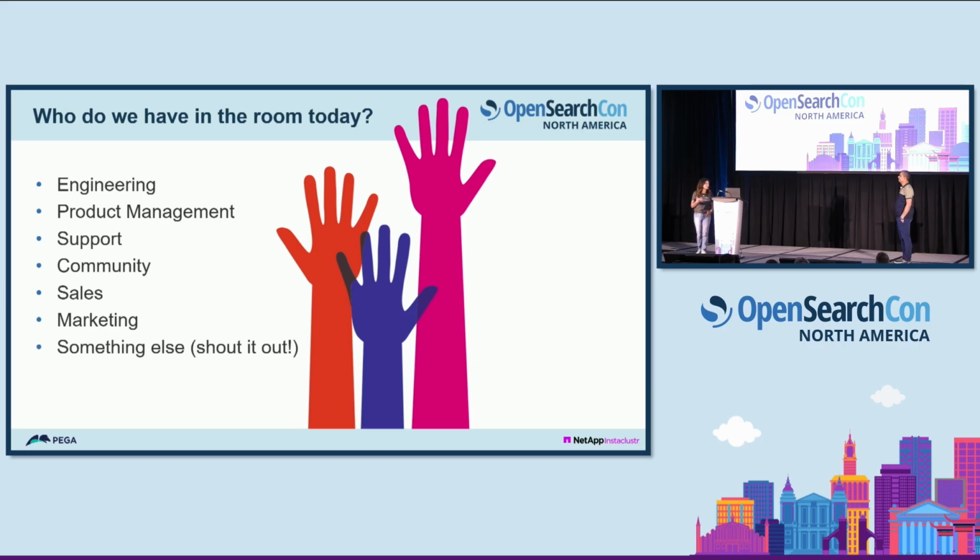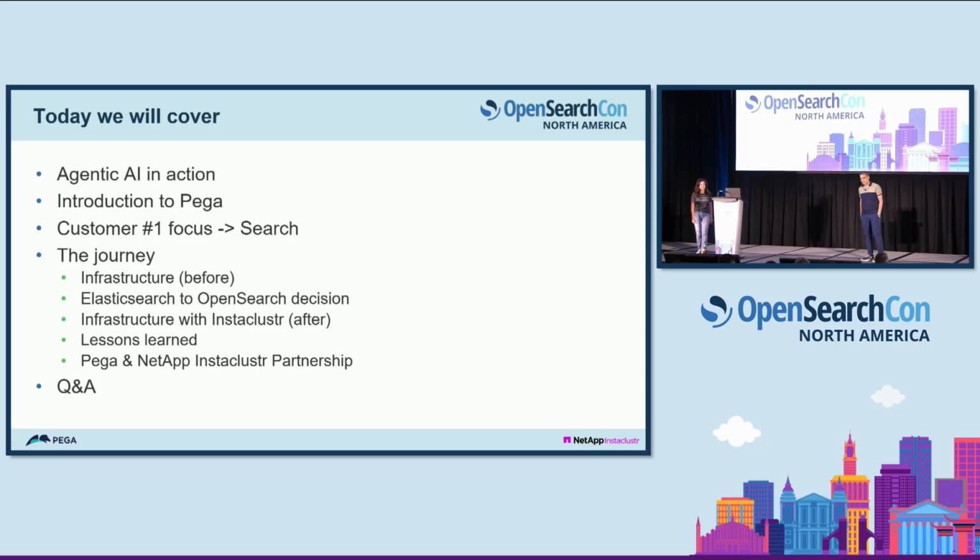And so today, we're going to take a look at agentic AI in action. We're going to learn more about who Pega is and their customers' number one focus, which is search. We're going to take us through the journey and look at the infrastructure before that Elasticsearch to OpenSearch decision was made, and what that looked like with Instaclustr.